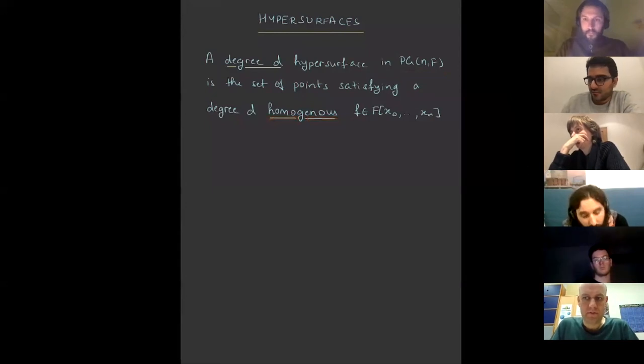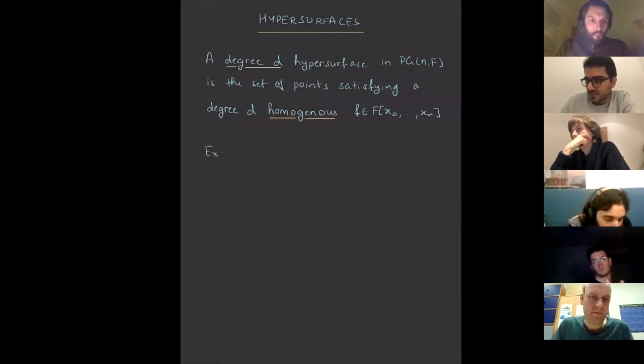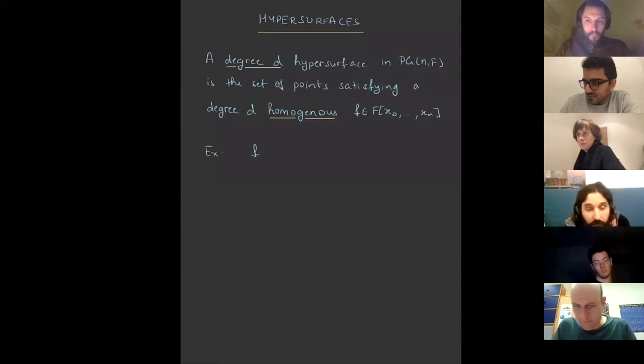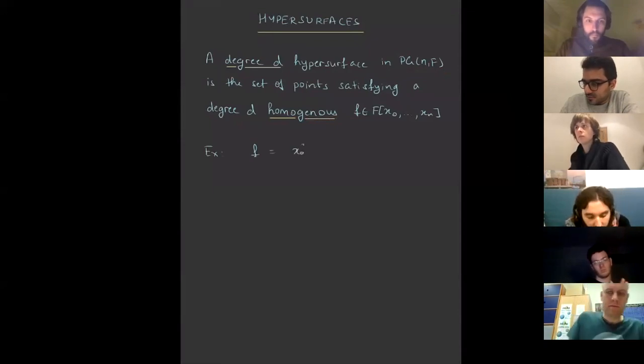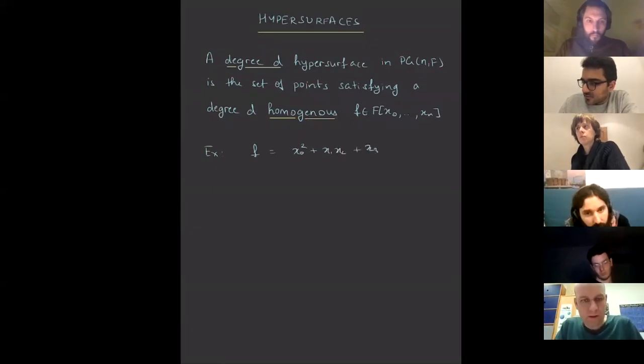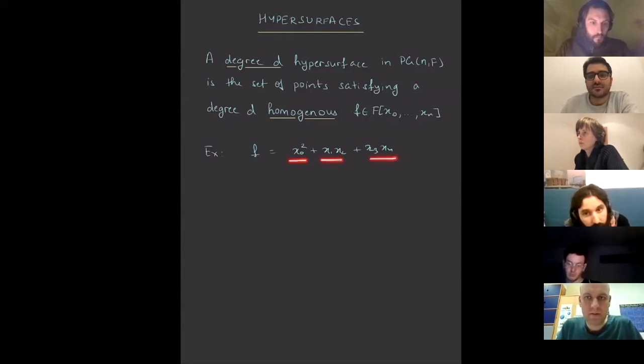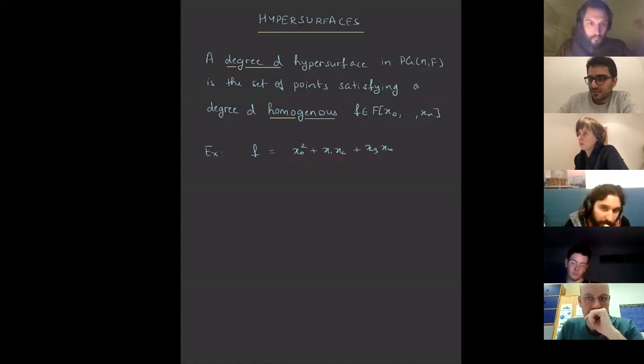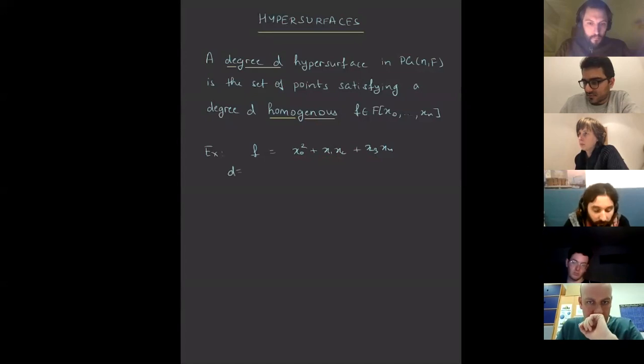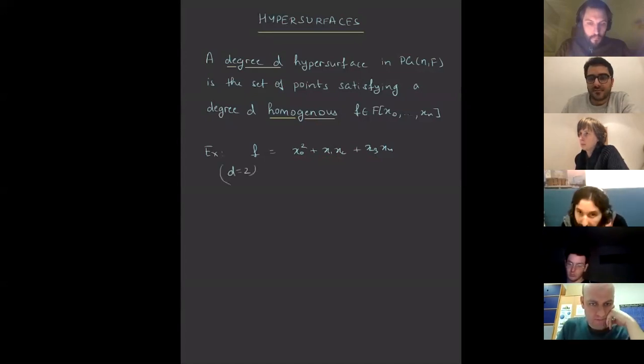For example, let's say that f is equal to x0 squared plus x1 x2 plus x3 x4. A homogeneous polynomial in general is a degree d polynomial where each monomial has the same degree d. So this is an example for d equal to 2, right?